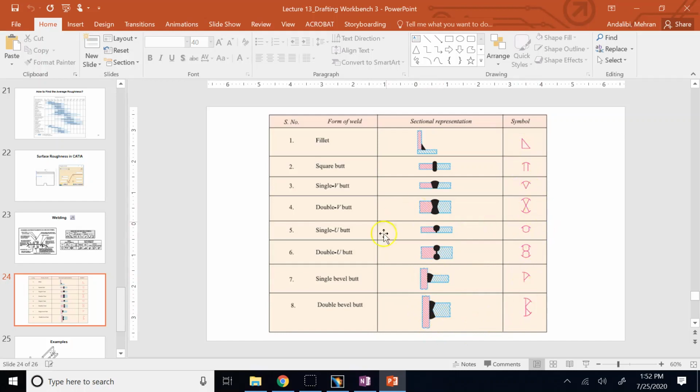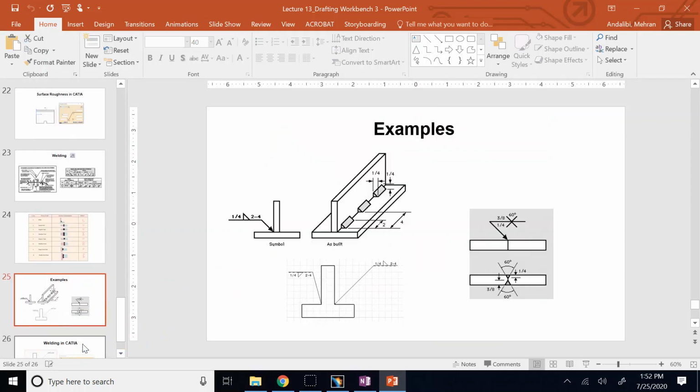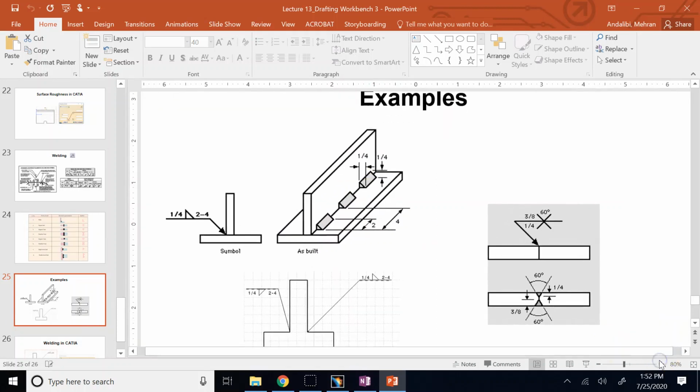So these are the symbols for different types of welding beads that you have to specify. And then the other thing is, if you don't do a continuous welding, you do it in patches. This is the most general case.